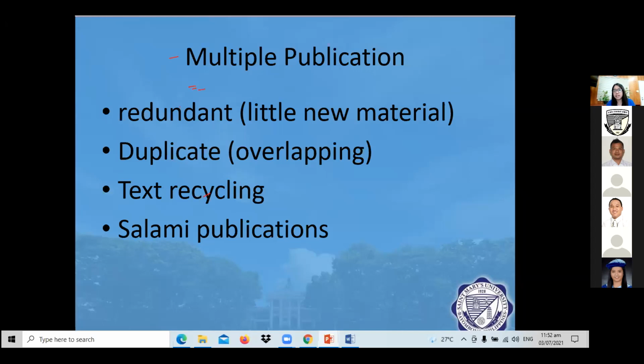It does not mean na same topic, wala nang new material. Pero it also happens that the paper can also be redundant. So hindi dapat yun. And then duplicate, halos magkakahawig, redundant, duplicate, or overlapping.